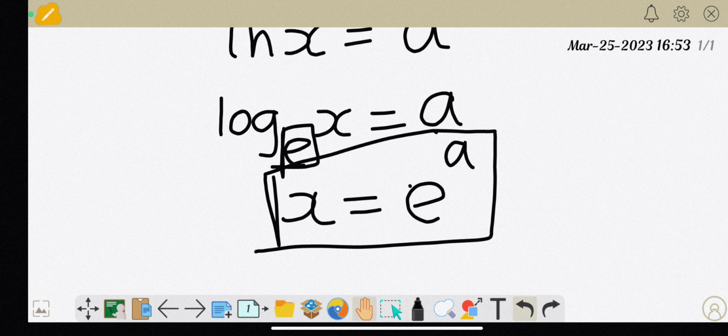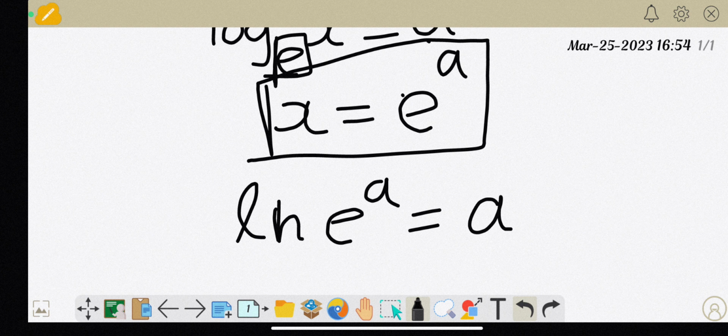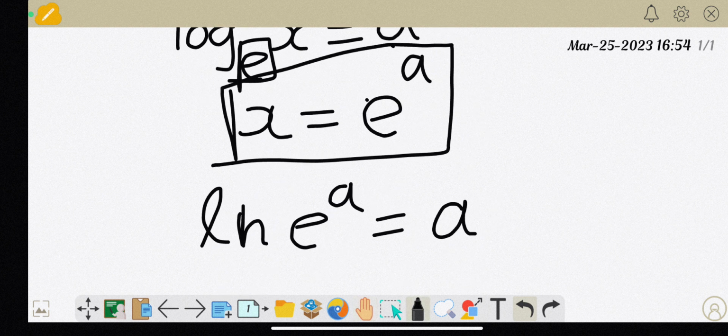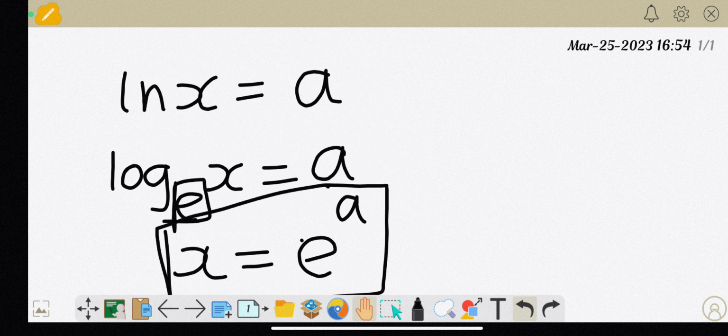So here if you apply ln, whatever answer you get is this. I think I have missed something. Yeah, e to the power a, is it proper? Yes, x is equal to e to the power a.